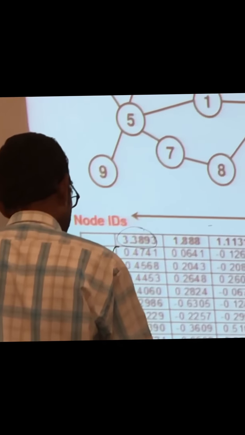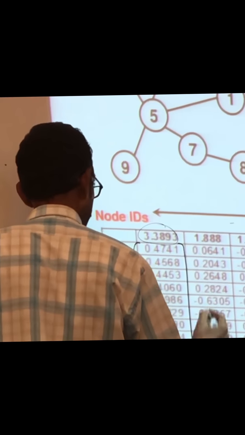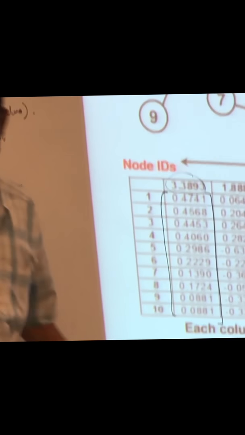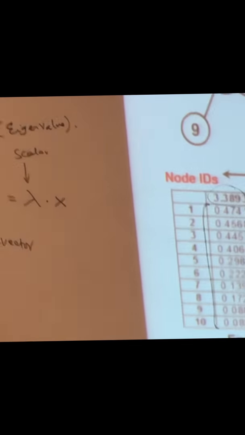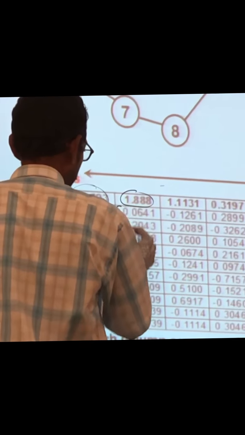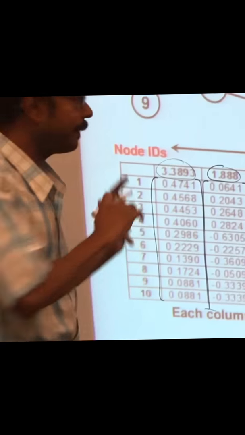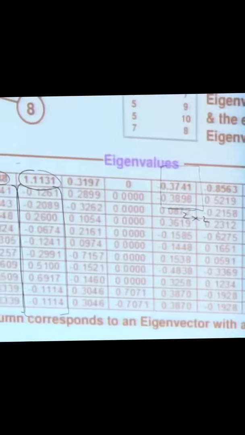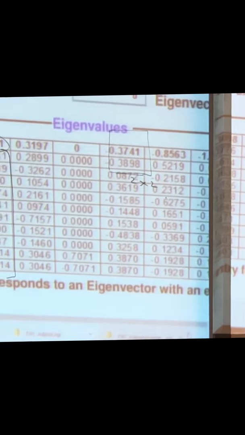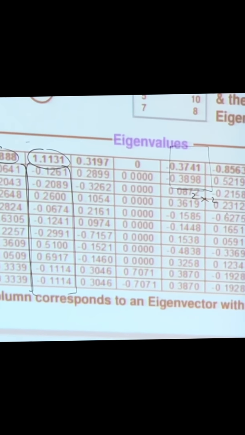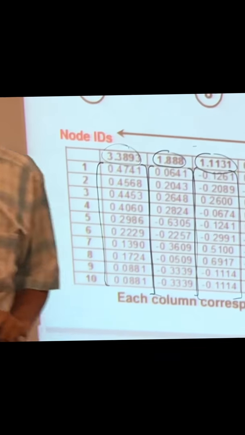This is the eigenvector, and because we have 10 vertices, we have 10 entries in the eigenvector. This 1.888 is another eigenvalue, and this is its eigenvector. 1.1131 is another eigenvalue and its corresponding eigenvector. So like that you have 10 eigenvalues, sometimes some could be the same, and each eigenvalue will have a corresponding eigenvector.